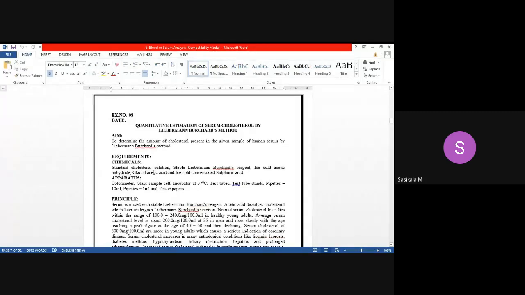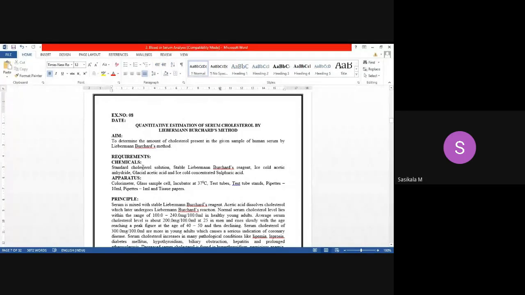Then glacial acetic acid, the solvent used for preparing both the standard and sample cholesterol solutions. Since cholesterol is a fat, it will be dissolved in glacial acetic acid. And then ice cold concentrated sulfuric acid. This is concentrated and fuming, so we have to use it ice cold. So these are all the chemicals we require for Liebermann-Burchard's method.